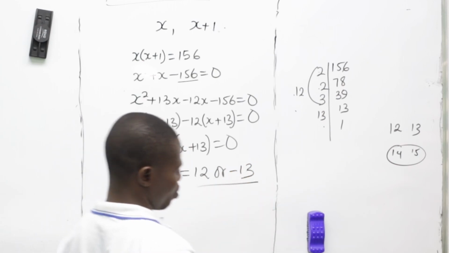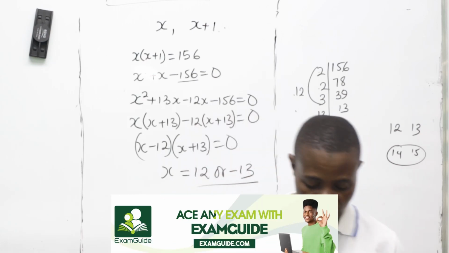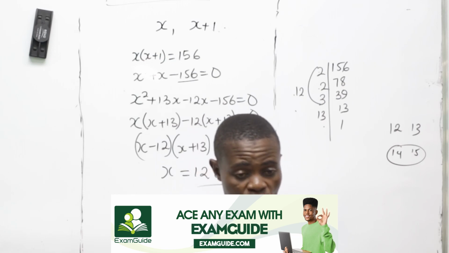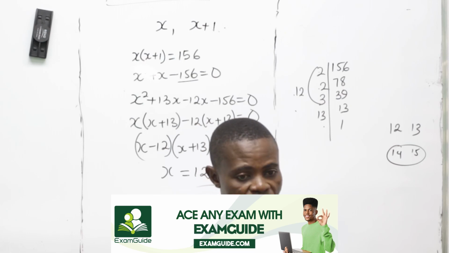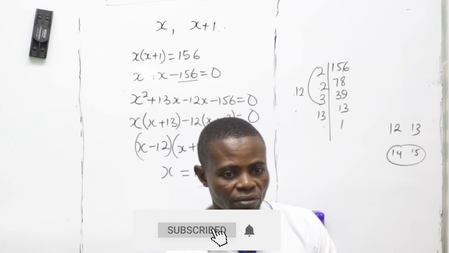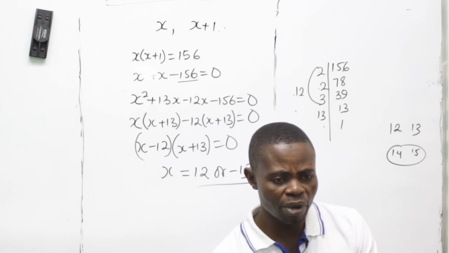So the numbers are 12 and 13. They are the two consecutive numbers whose product is 156.